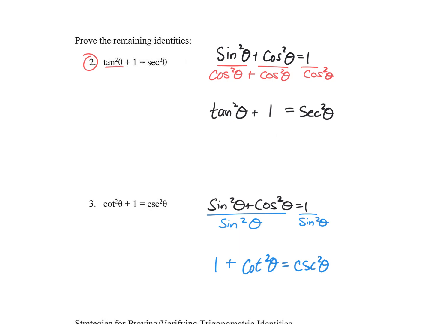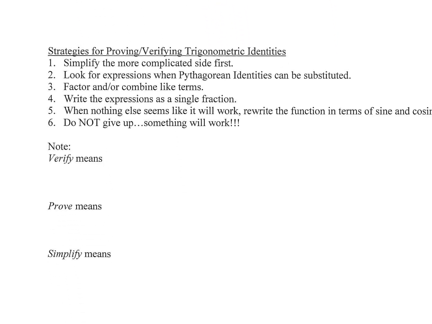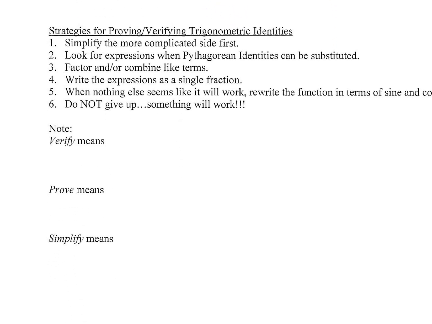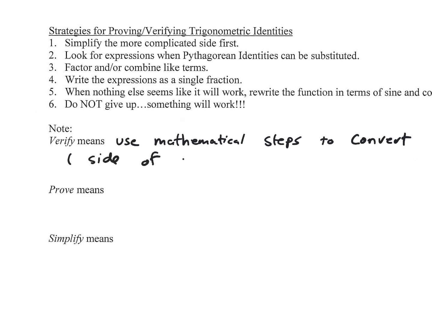All right, so I've referenced these proof type problems. What are we really doing here? We'll talk about these strategies in a moment. Verify, they want us to use mathematical manipulation to convert one side of an equation into the other.